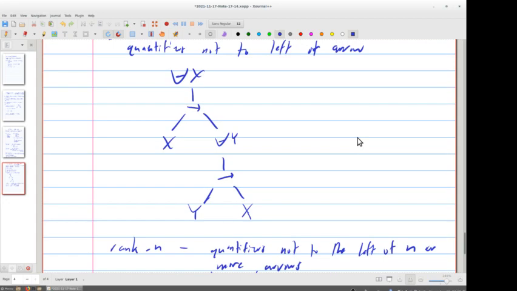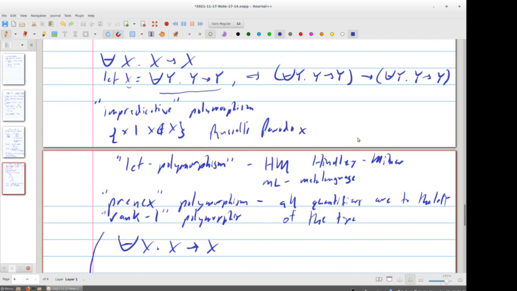And so what we're going to do now is focus in on this special case of rank 1 polymorphism or prenex, all right, because we like it when type inference is decidable. So that's what I want to do. I'm going to start introducing some ideas for how to go about doing this.